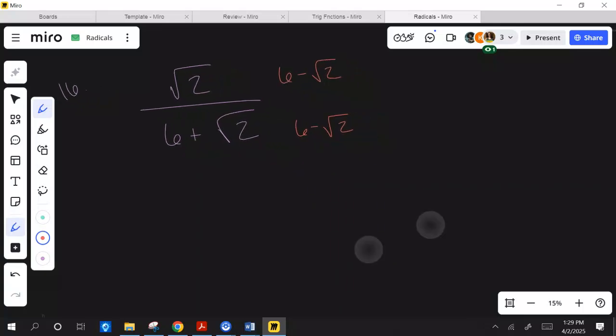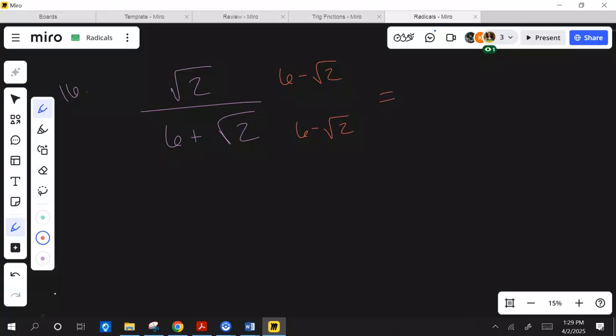All right, I'm going to go ahead and multiply this. On the top, if I distribute, I get 6 root 2, yes? Minus 2.